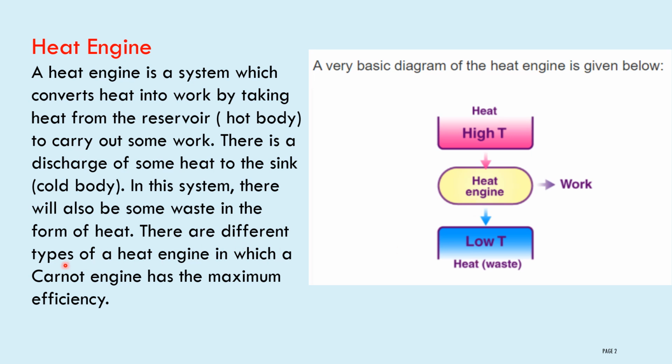There are different types of heat engine, in which the Carnot engine has the maximum efficiency. You have to remember, a heat engine converts heat into work: it takes heat from the reservoir, does some work, then leaves some waste in the form of heat. That is very important.